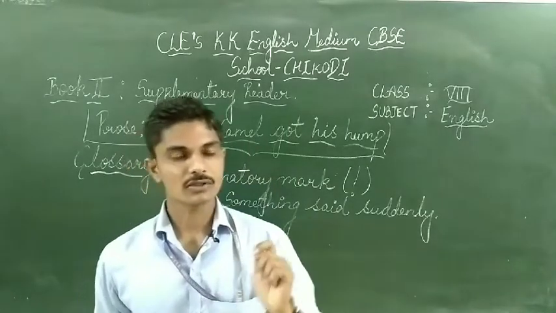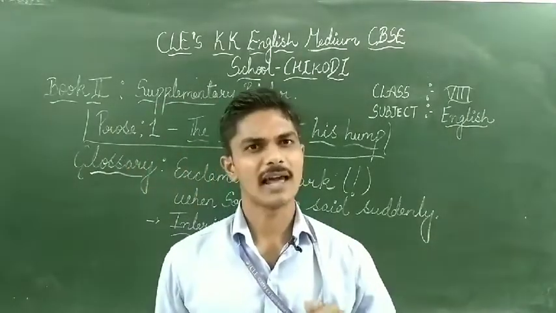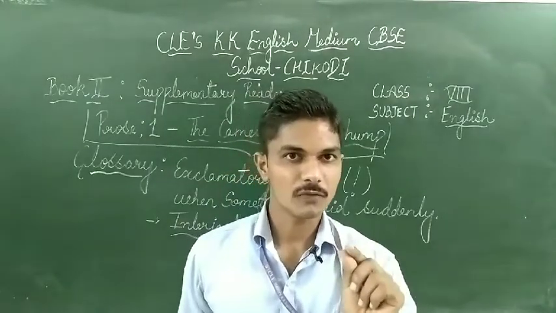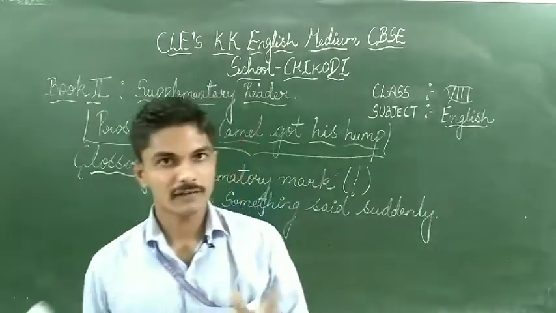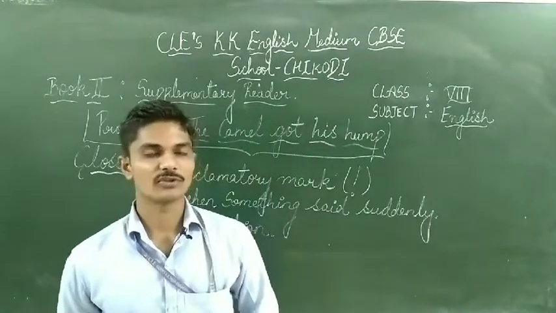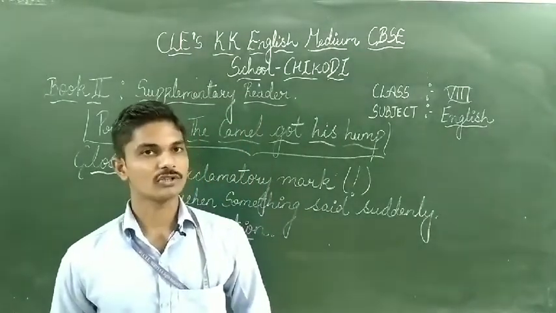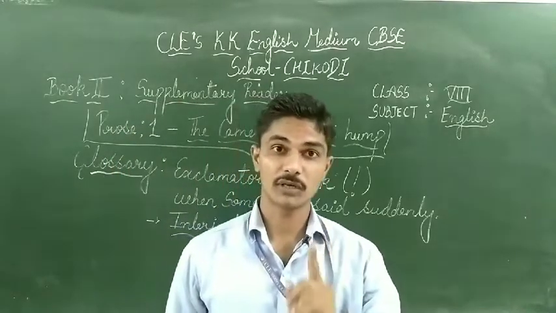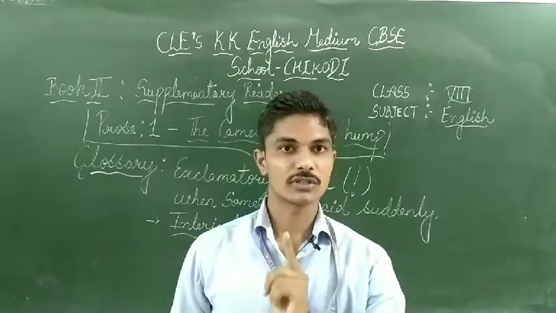If I write the answers on the board, then you will become lazy like the camel and you will not do anything. So the answers should come from your side. Different answers mean different ideas. Understood? After all, you are following the NCERT pattern. In the NCERT pattern, I need my students to behave like NCERT students.